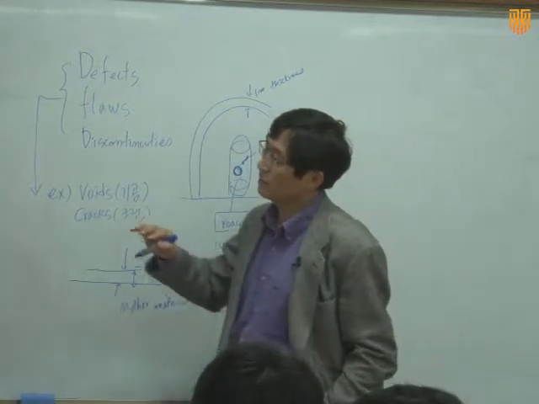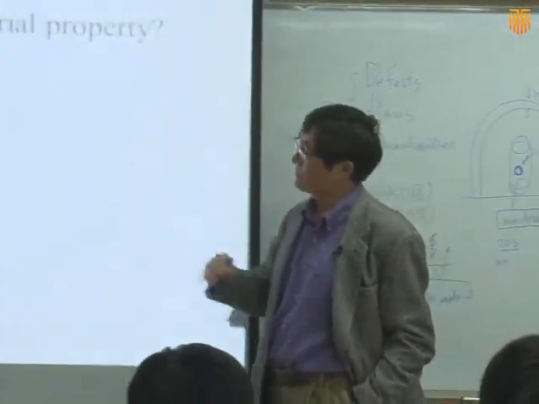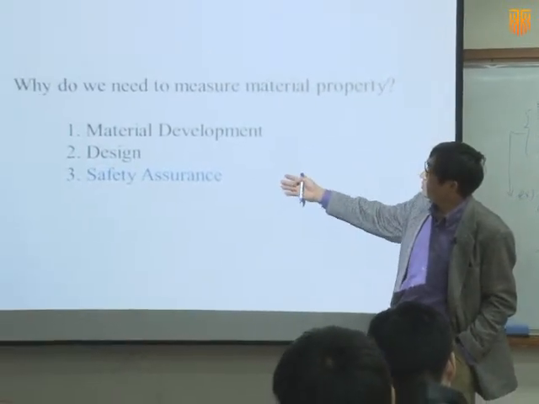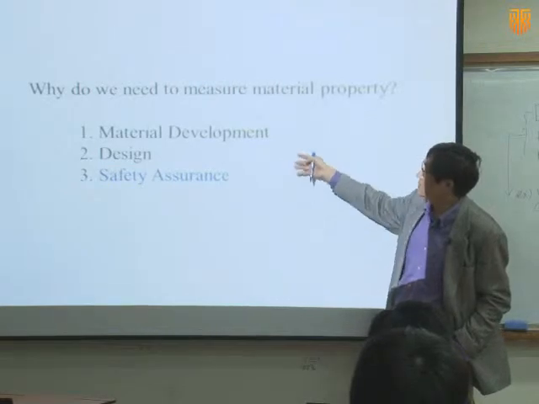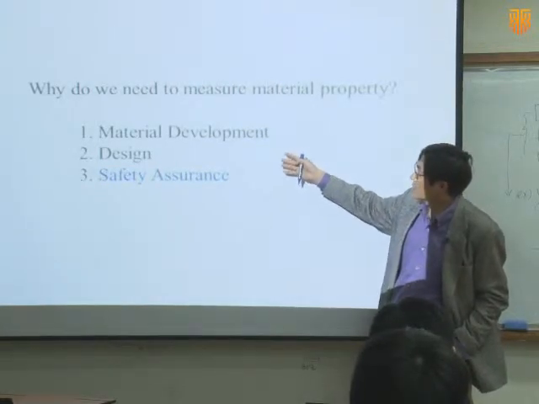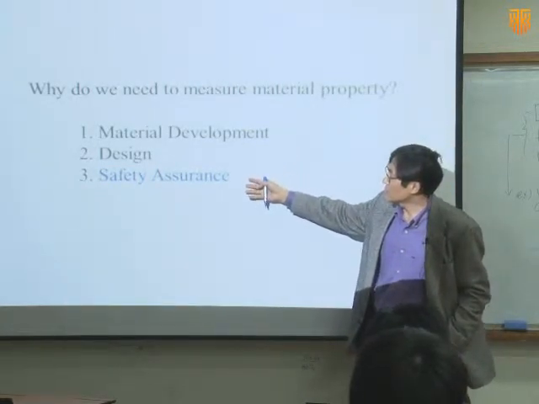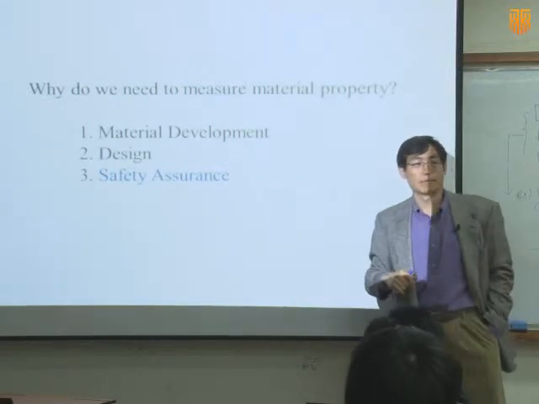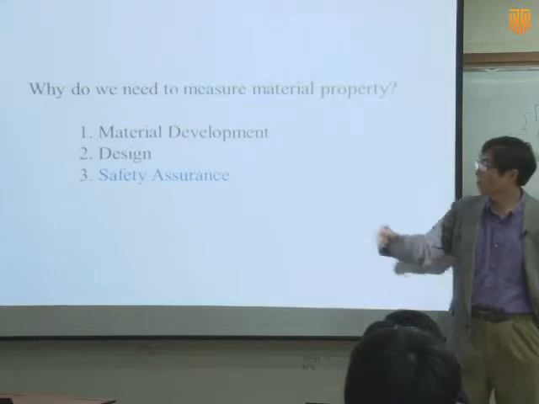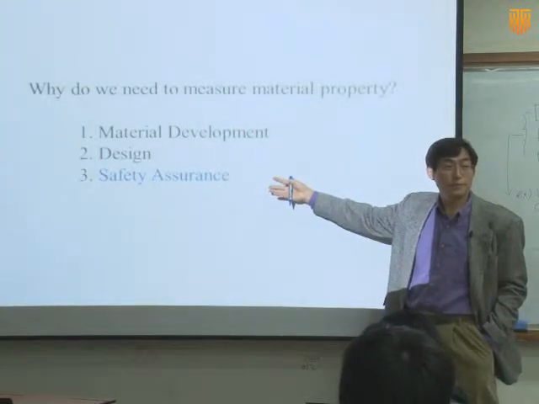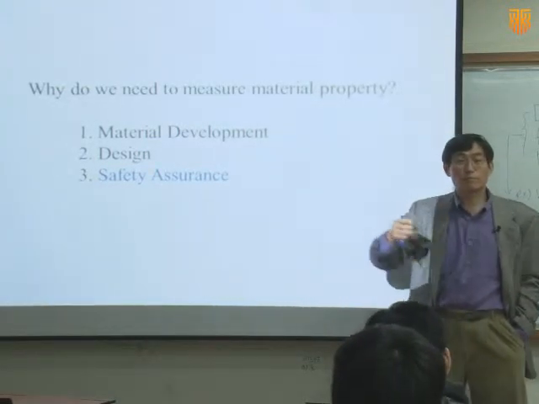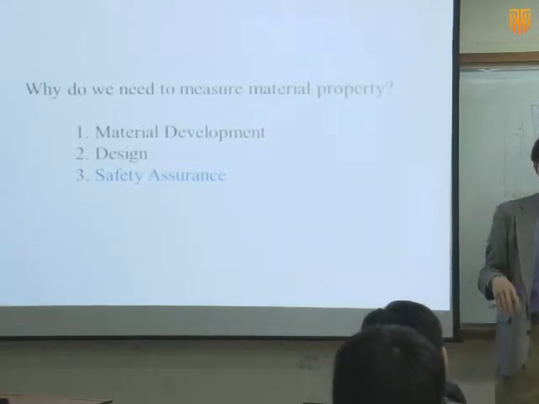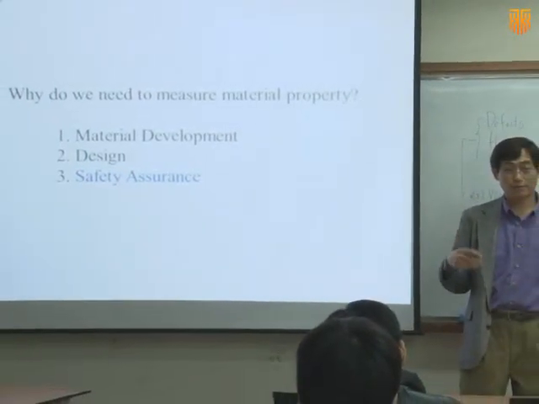All right. That is about the safety assurance topic. So NDT deals with all three things, but mainly in this class, we're going to talk about these safety problems because this one is urgent, right? When you have some problems in a bolt or some desk, you can throw it away or buy another one, right?